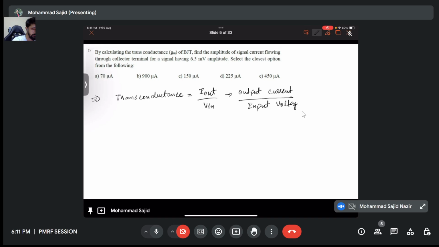So if I have to write the output conductance, what will be the formula? It will again be output current, right?